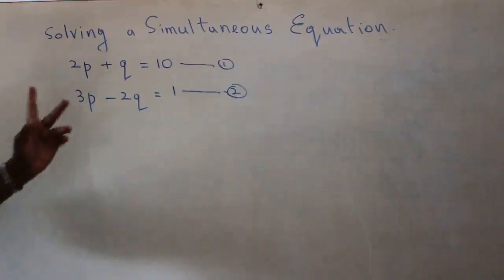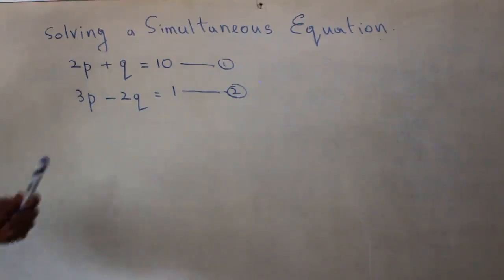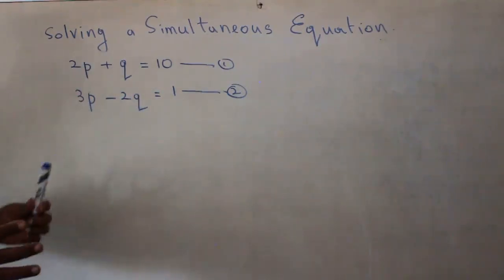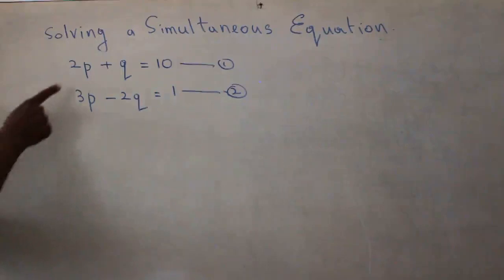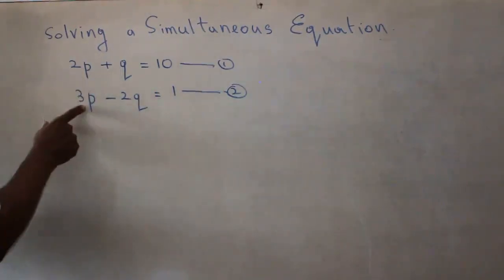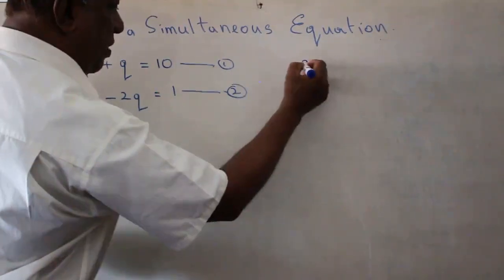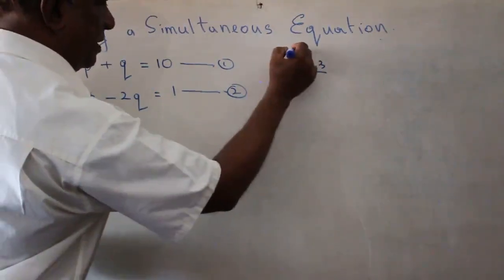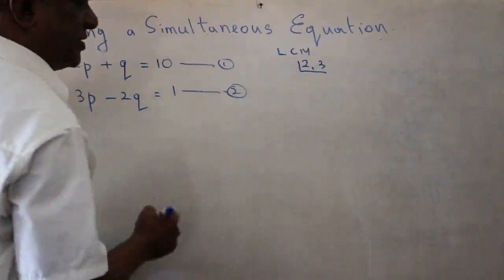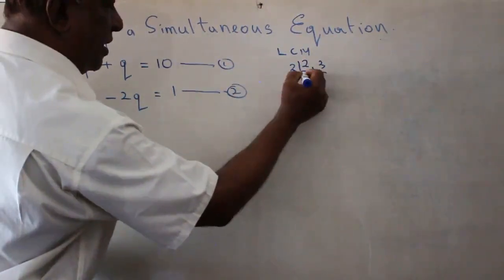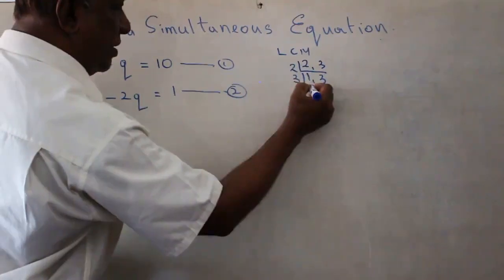How would you do that? How are you going to make the coefficient of p in equation 2 and equation 1 the same? You have here 2, you have here 3. So what are you going to do? Take the LCM of that. How do you get the LCM? You must know that from lower classes. 1, 3, 3, 1, 1.